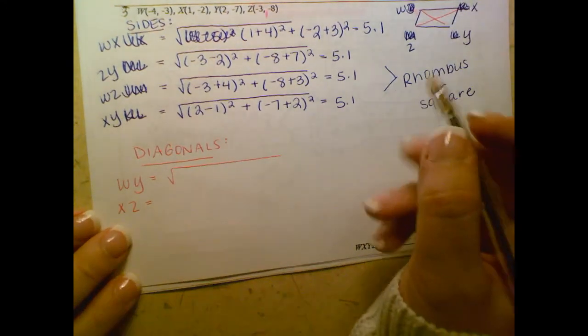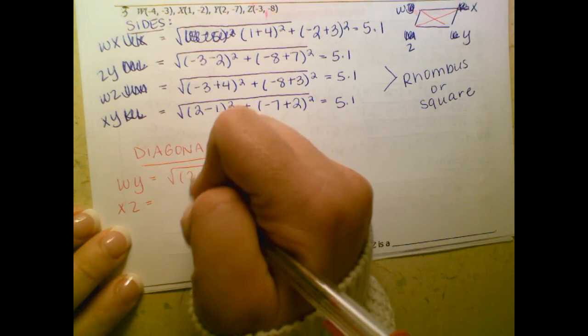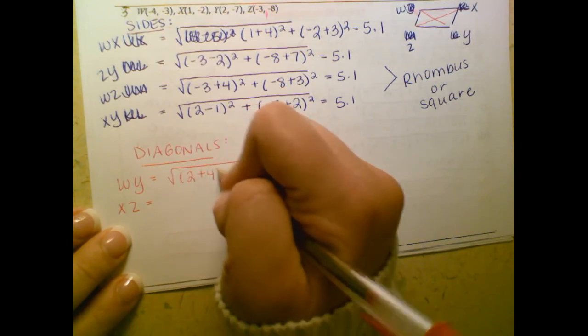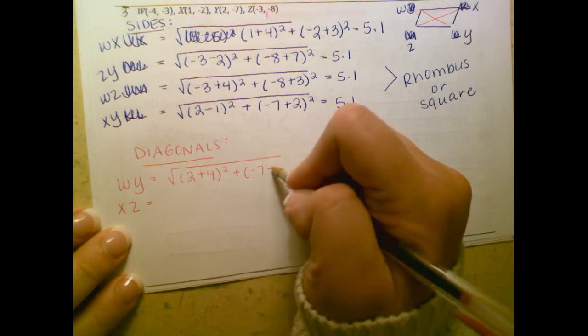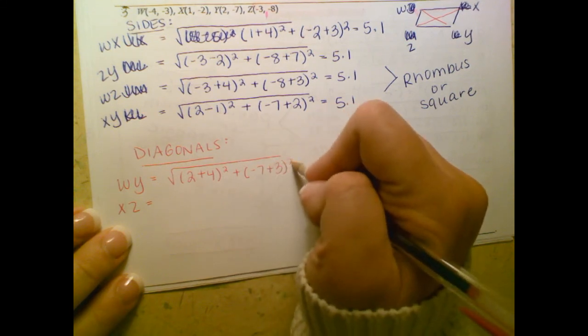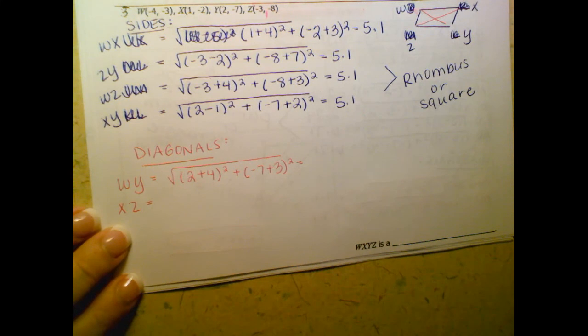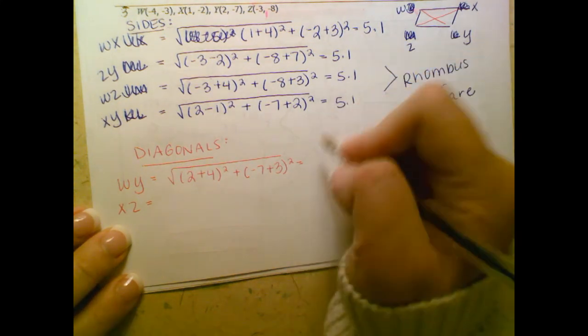So for WY, I get 2 minus -4 makes it a +4. -7 minus a -3 makes it a +3. Get 7.2.